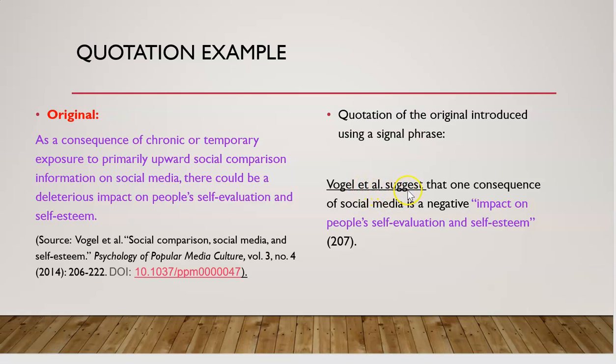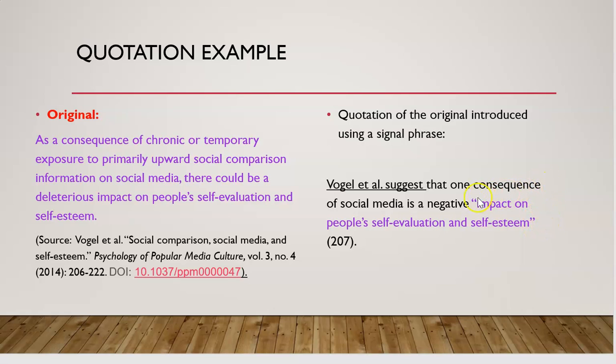But Vogel et al. suggests that one consequence of social media is a negative, quote, "impact on people's self-evaluation and self-esteem." So I've only used a little bit of this longer passage. So I've only taken the last couple of words and included them into my sentence. So those are the words that I put quotation marks around.